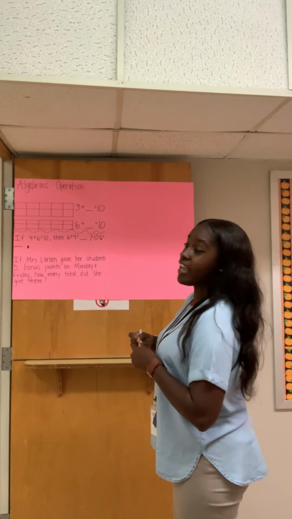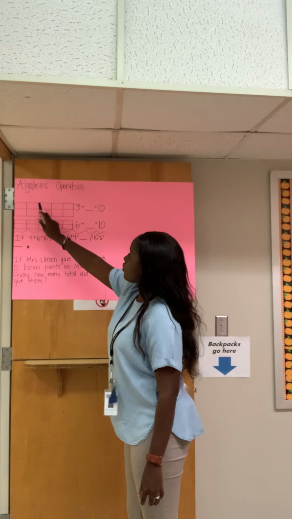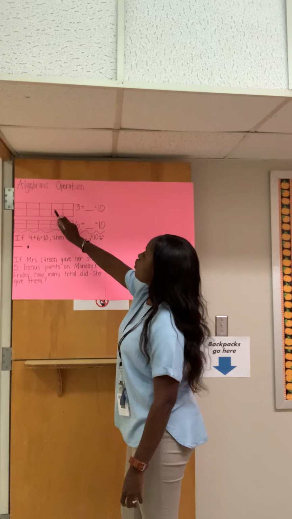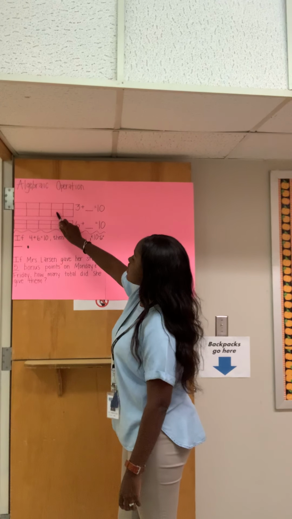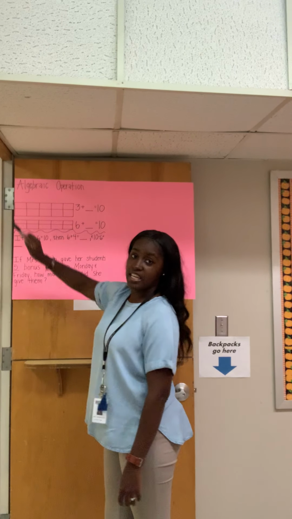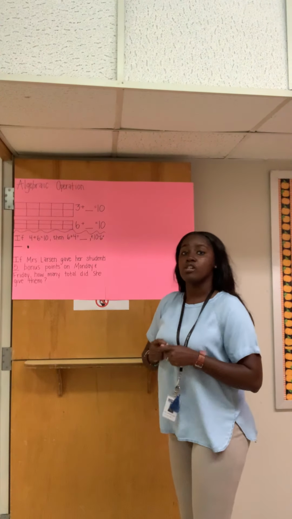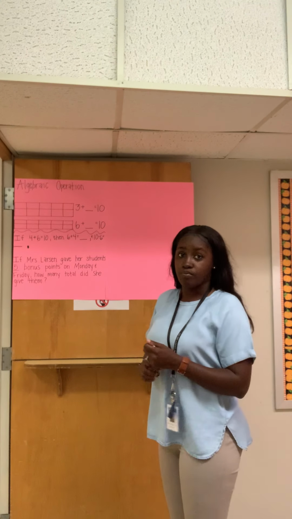Well, let's count our squares. We have 1, 2, 3, 4, 5, 6, 7, 8, 9, 10. We have 10 squares, or we could call it boxes, but we have 10 of them.